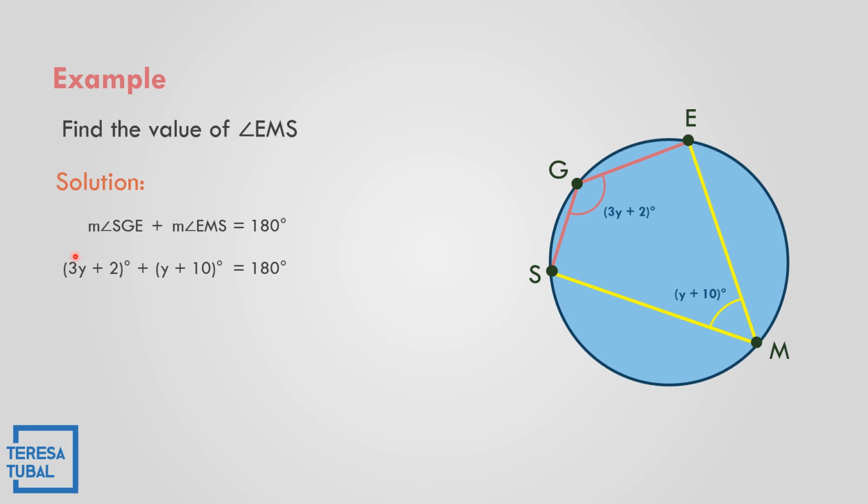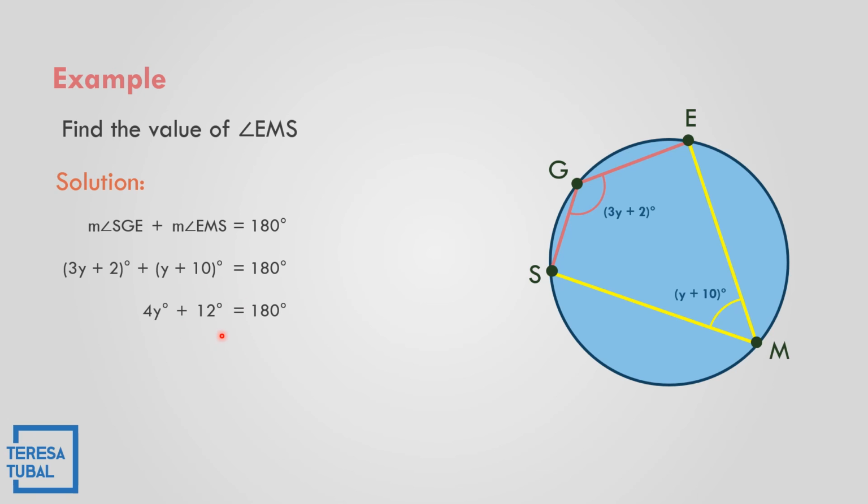The measure of the angle SGE is equal to 3y plus 2 degrees, while the measure of the angle EMS is equal to the quantity y plus 10 degrees, equals 180 degrees. So let us combine like terms. Let us combine y: 3y degrees plus y degrees, 3 plus 1 is 4, 4y degrees. 2 plus 10, that is 12 degrees. And then copy 180 degrees.